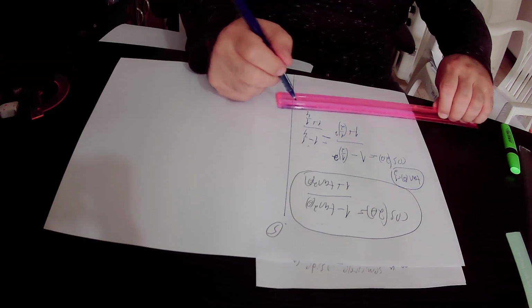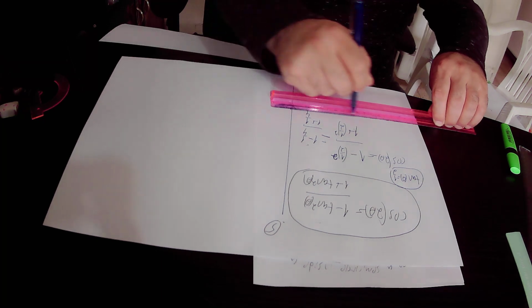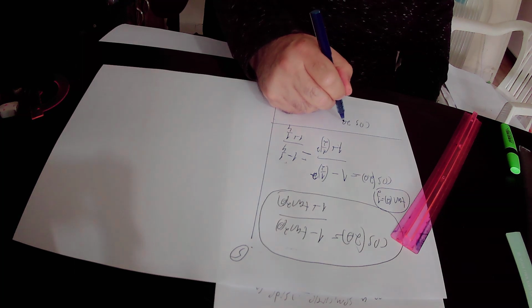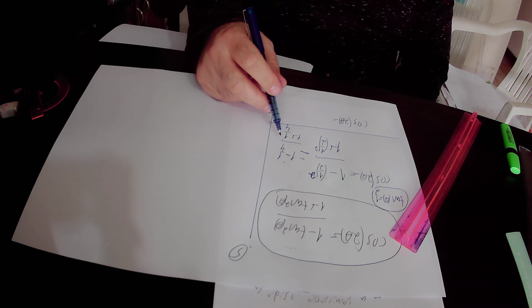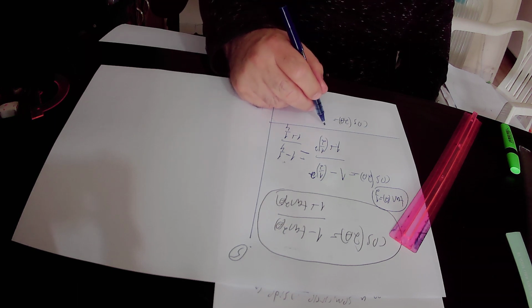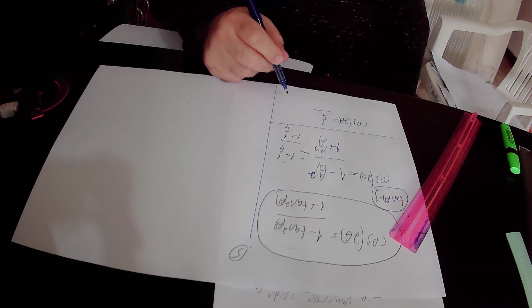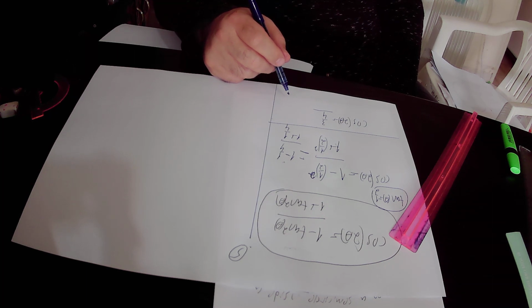So in conclusion, we found out that cosine 2 theta equals to 1 minus 1/4, which is 3/4, over 1 plus 1/4, which is 5/4.